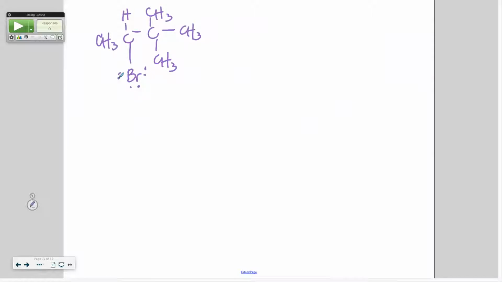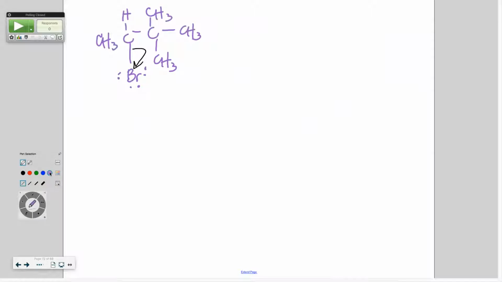So what happens first? The bromine leaves. Okay, how do you draw the arrow? You're going to start with the electrons in that bond and push them to the bromine.